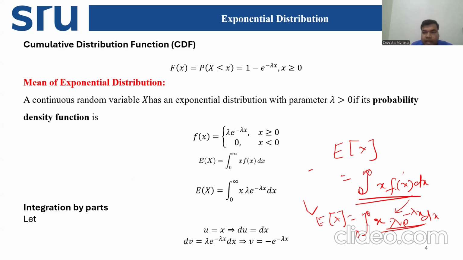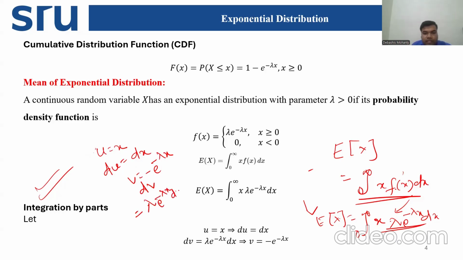Okay, students. Next, we will apply integration by parts. All of you know about integration by parts: two functions will be there, and we calculate the integration using the first function and the second function. Here we substitute u as x, so that du equals dx, and v as minus e to the power minus lambda x, so that dv equals lambda into e to the power minus lambda x dx.